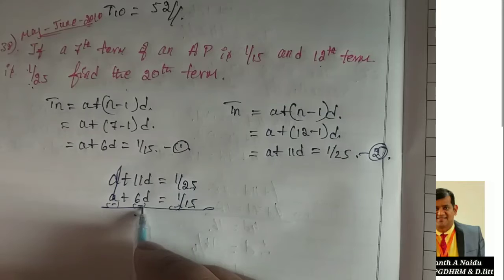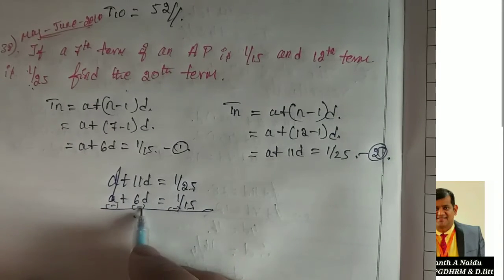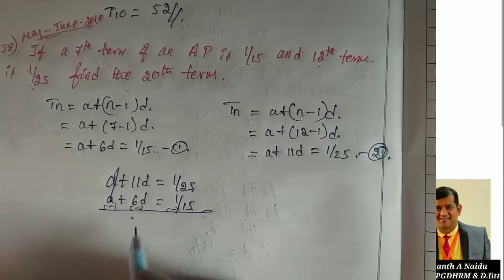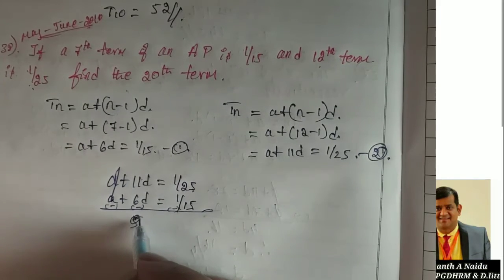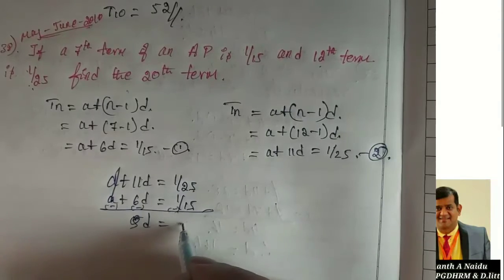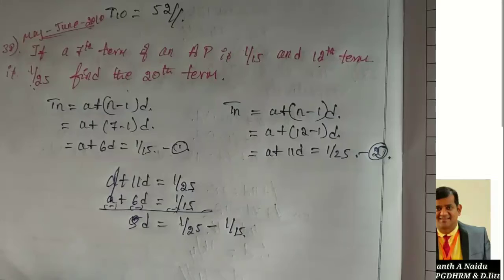So 5d equals 1 divided by 25 minus 1 divided by 15.